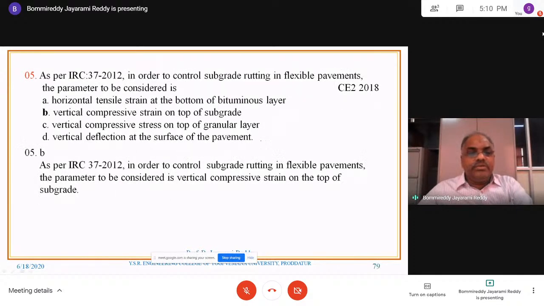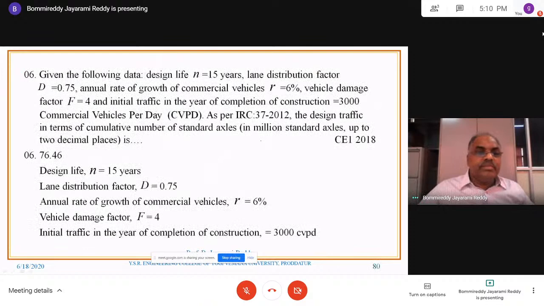You can see this. Given the following data, design life n equal to 15 years. Lane distribution factor D is 0.75. The annual rate of growth of commercial vehicles is 6%.